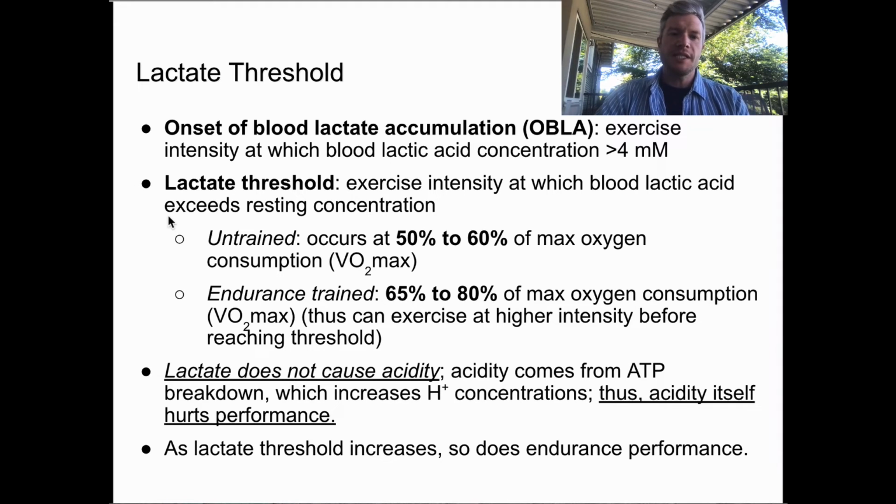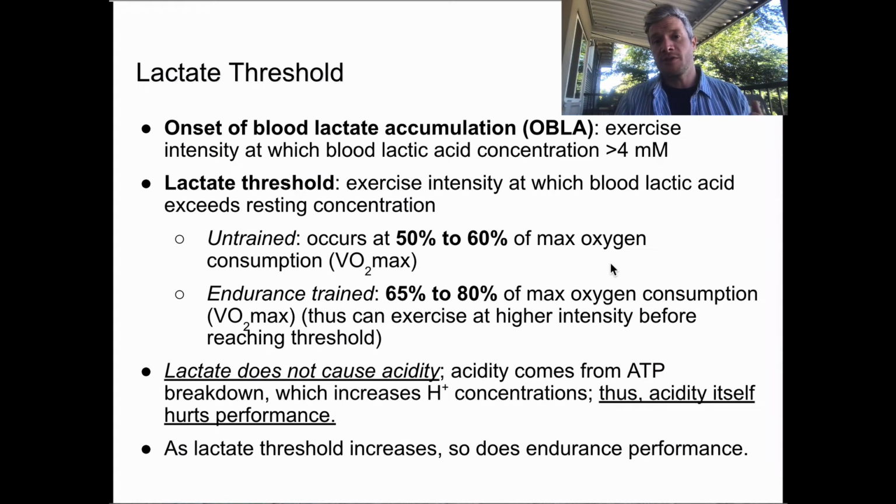Okay, and we'll see that this work output of our VO2 max, or the maximum amount of oxygen we can consume for exercise, in untrained individuals is about 50 to 60%. So of their 100%, once you get to about halfway, that point after is a tipping point where we just start accumulating lots of lactate.